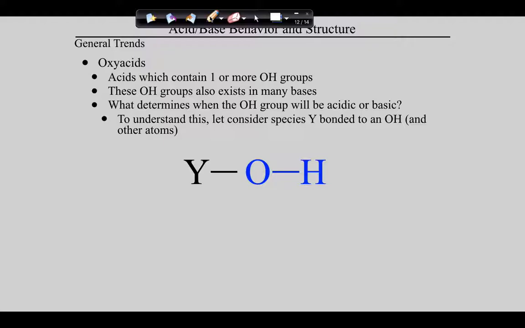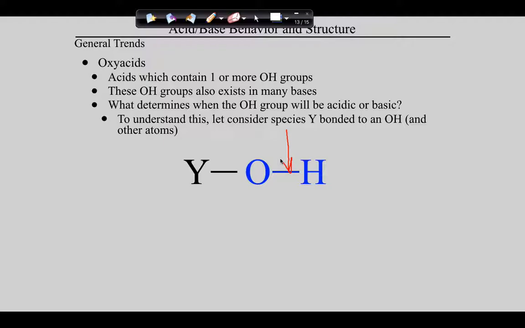So guys, this is what we've just established. The strength of this bond is always the same. Why? Why is the strength of that bond always the same? It's always hydrogen bonded to oxygen.